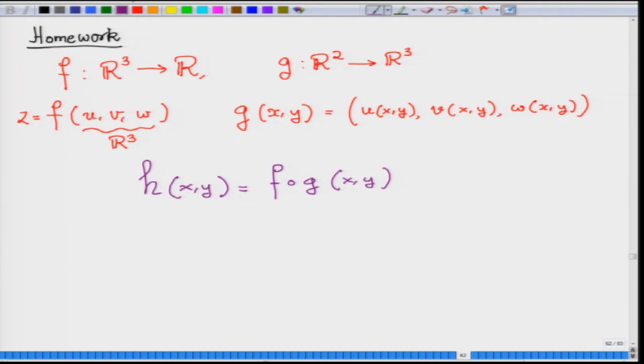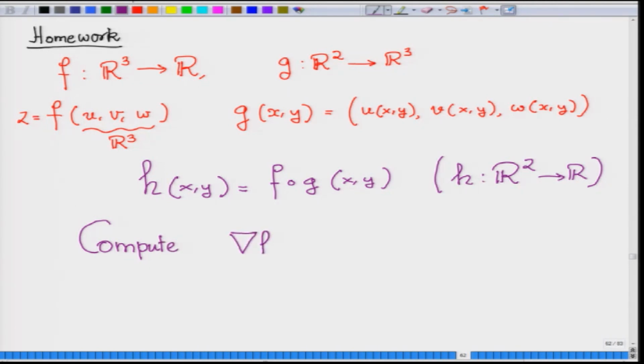G is carrying from R2 to R3 and F is carrying from R3 to R. So, H is finally a function from R2 to R. My question of course is to compute grad H of x y, that is, get the chain rule, in terms of the derivatives of f and g.